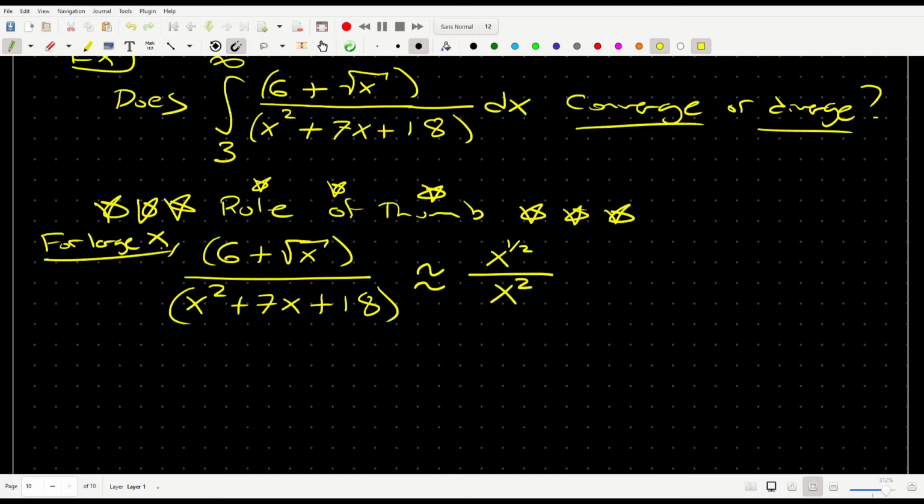So for very large values of x, the x squared term is much larger than the other two terms in this denominator. So this fraction is approximately equal to this fraction right here. And this helps us because now this is equal to x to the 1/2 minus 4/2, or 1 over x to the 3/2.